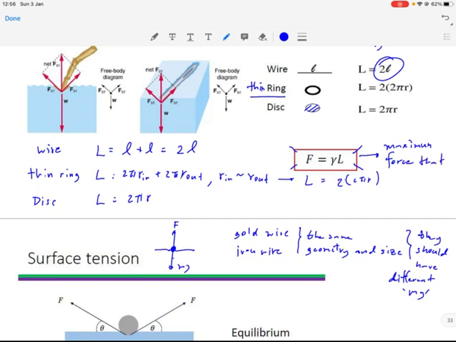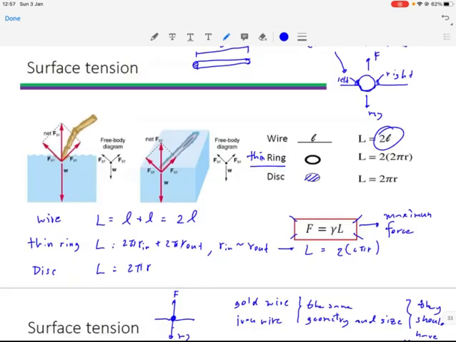It's the maximum force that the surface can stand. If the weight is larger than gamma L, the object will just submerge down. F that equals gamma L is the maximum force. That's what I mean to say.